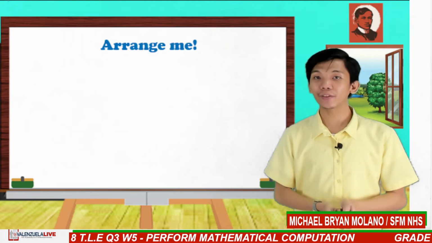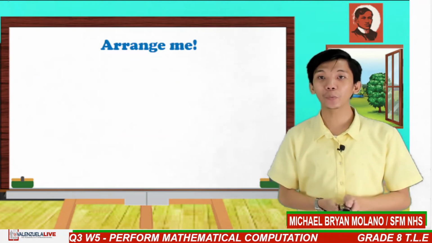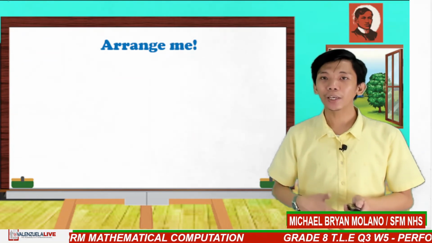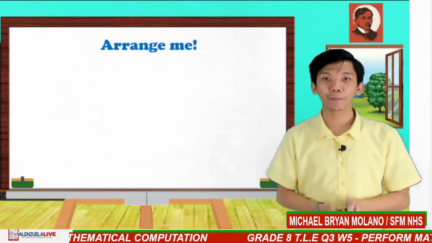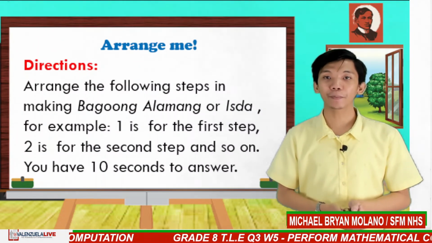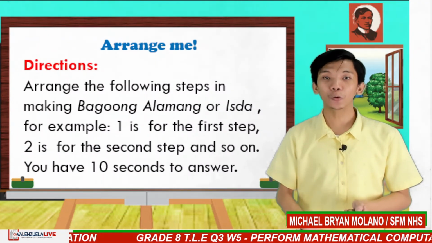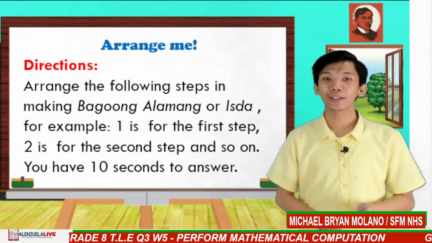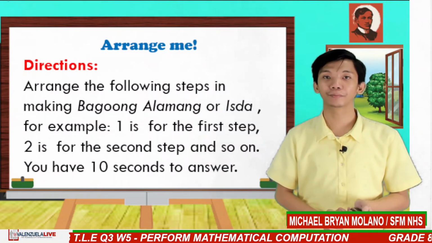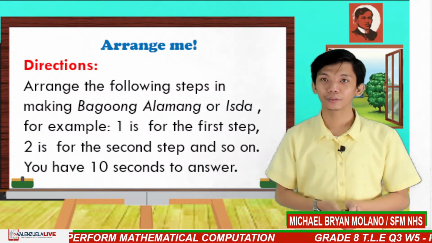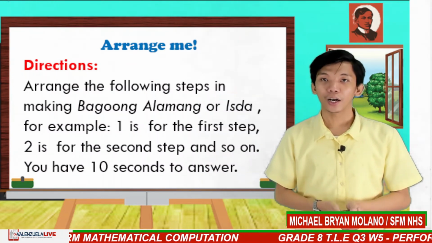For the second activity, you need to arrange the following steps in making bagoong alamang or isda correctly. You may write 1 for the first step, 2 for the second step, 3 for the third step, and so on. You'll have 10 seconds to answer and to type your answer on the chat box. Are you ready?